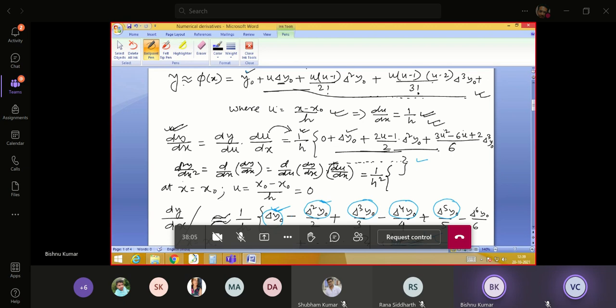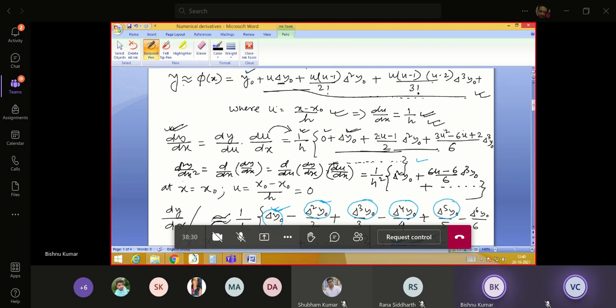So it will be, derivative with respect to u, this will be 2u means 2 by 2 means this is constant, this is constant, so 0. This is 2 by 2 means 1, del square y0 plus 6u minus 6 by 6 del cube y0, and the next terms will come.